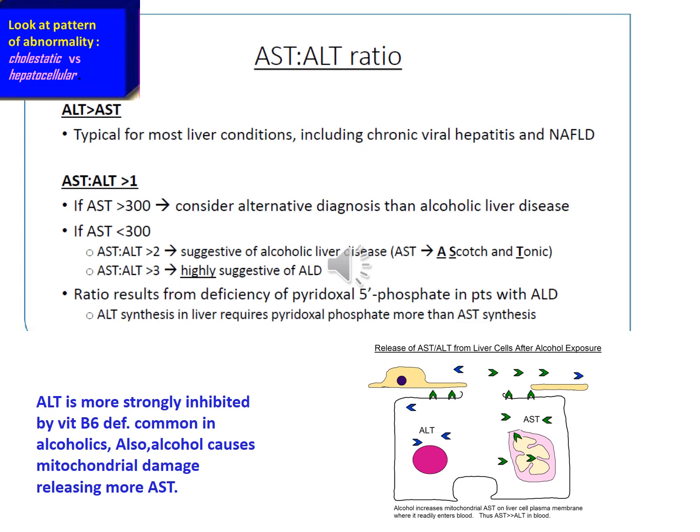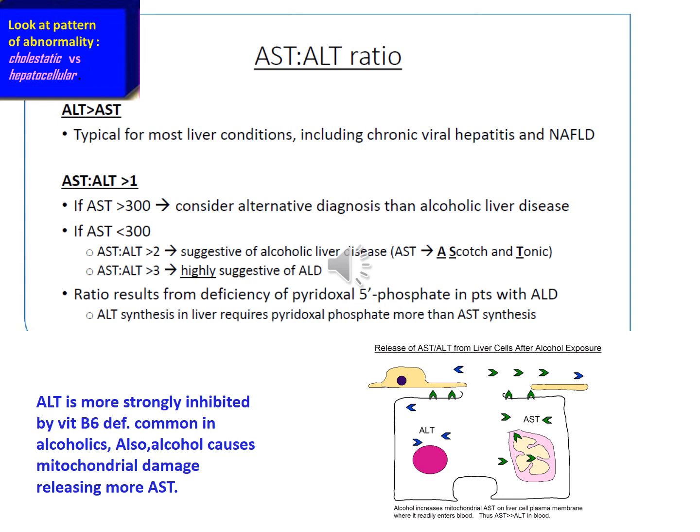So, after we look at the pattern of abnormality, whether we are dealing with cholestatic liver disease versus hepatocellular disease, the second step, if we are dealing with hepatocellular disease, is to look at the relation between AST and ALT.